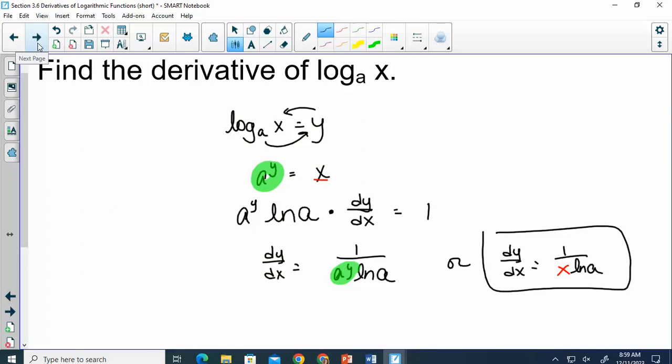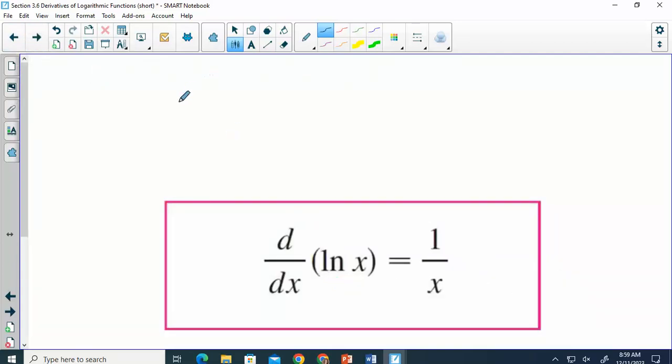If we look at the natural log, I think I already gave it to you on the next slide, but let's talk about why. If we have log base e, we know another notation for that is natural log, right?